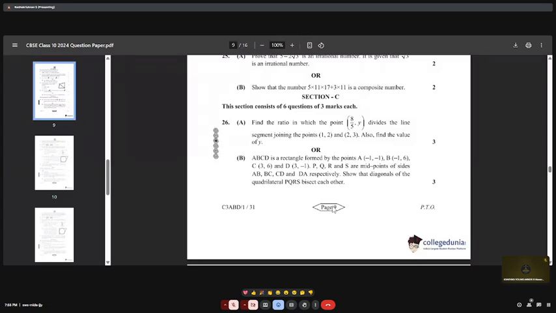The distance between this x coordinate 8 by 5 minus 1, that is your AD. And CE is the same as 2 minus this 8 by 5.